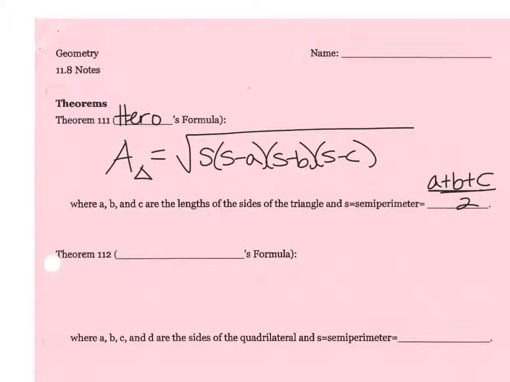Brahmagupta's formula, Brahmagupta, applies to the quadrilaterals that can be inscribed in circles, known as cyclic quadrilaterals.